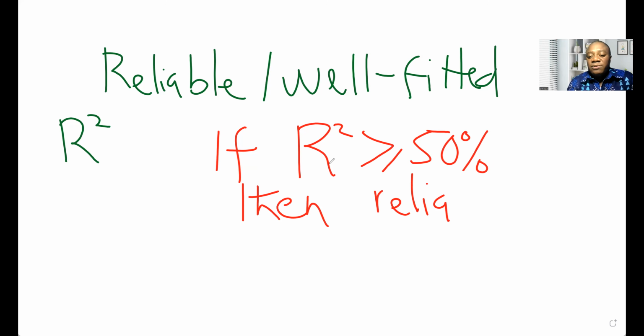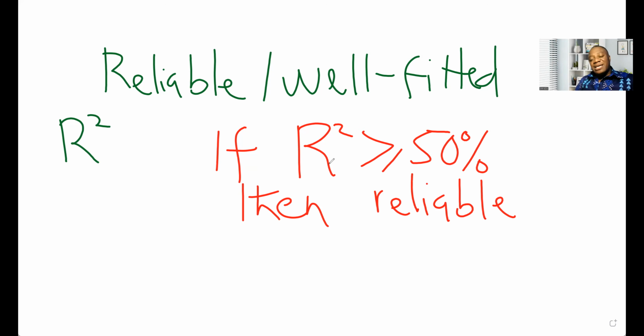Then the regression model is reliable. You can rely on it, you can depend on it.